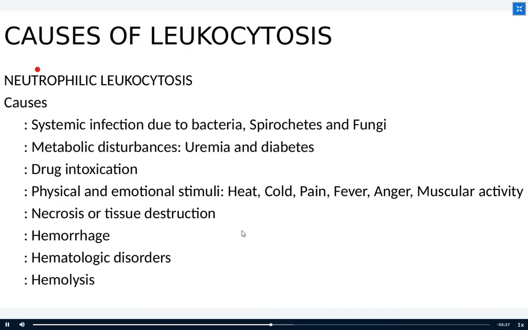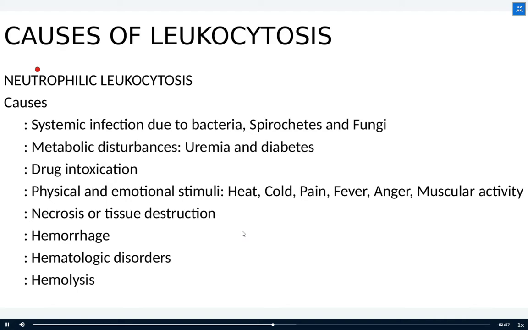Now, your neutrophils, when they are increased, we have your so-called neutrophilic leukocytosis. Now, your neutrophilic leukocytosis can be caused by systemic infection, such as your bacteria, spirochetes, and fungi. Class, we're talking about spirochetes. What type of bacteria is that? Give me the specific name. Your spirochete. Yung pinakakilalang spirochete class.